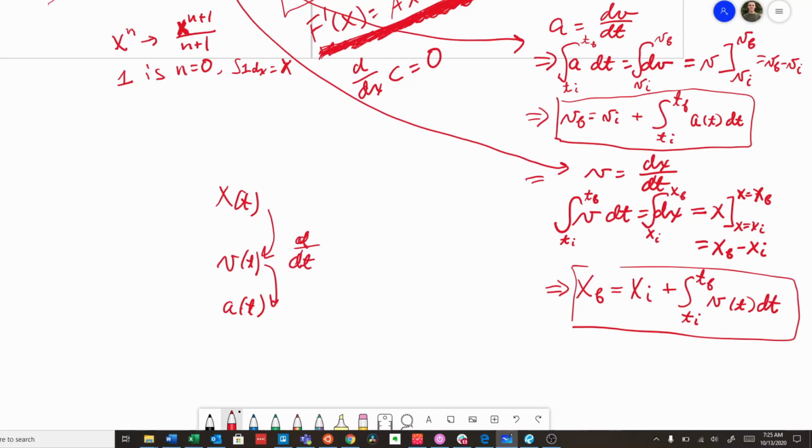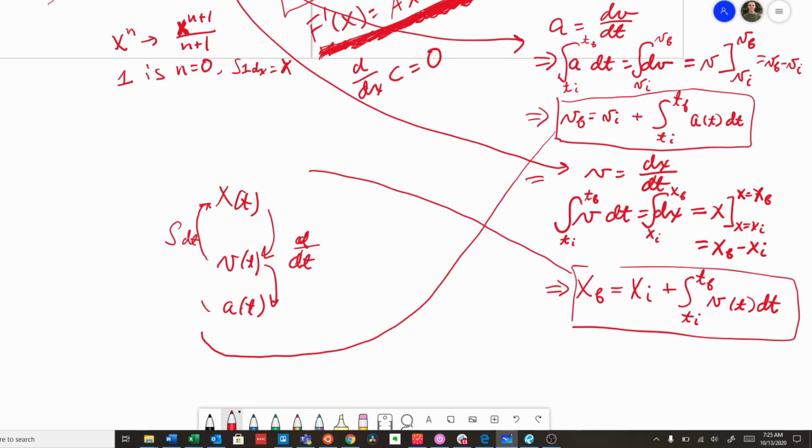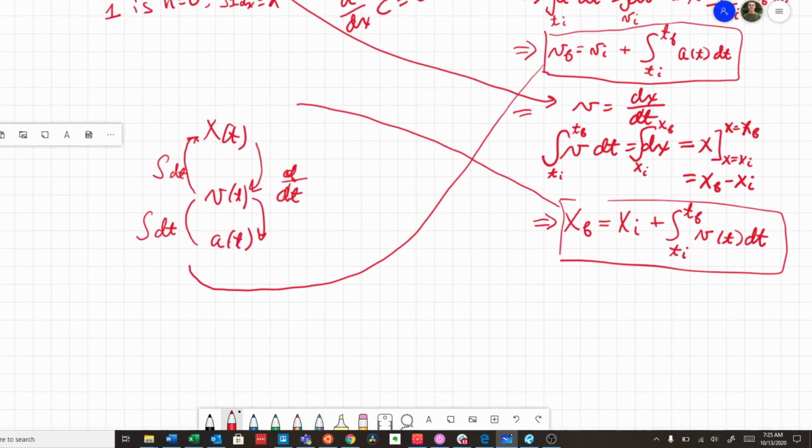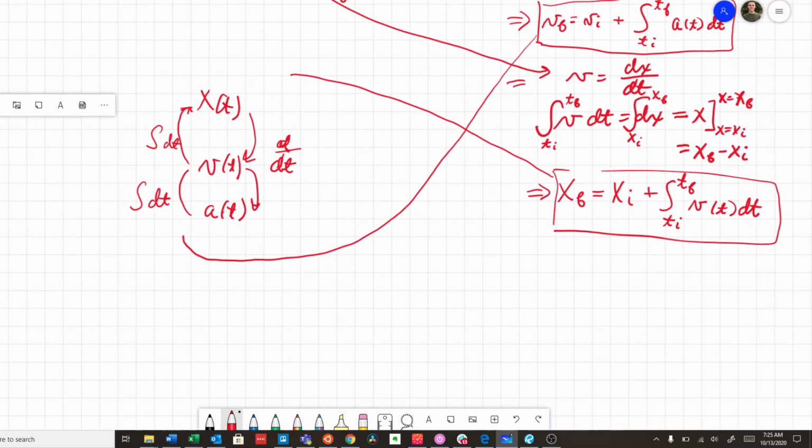Now, this makes it explicit that to get position from velocity, you're going to use an integral over time. Similarly, if you want to get the velocity from the acceleration, you can use an integral over time.